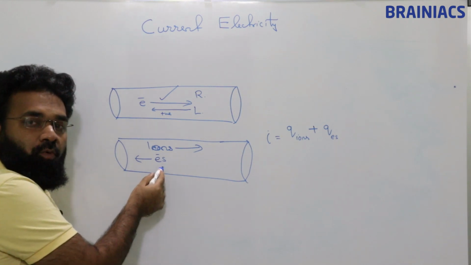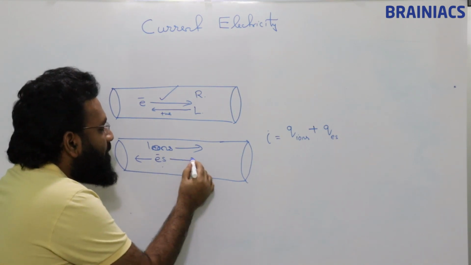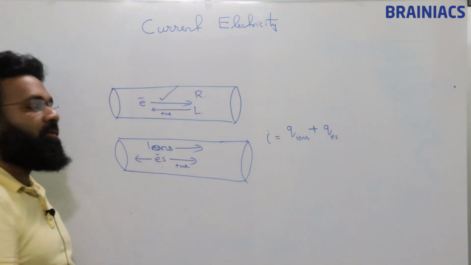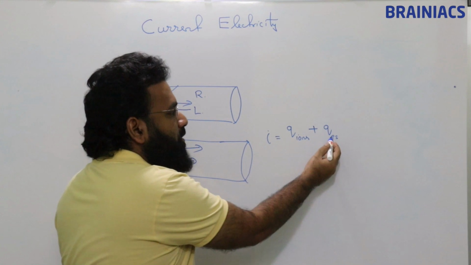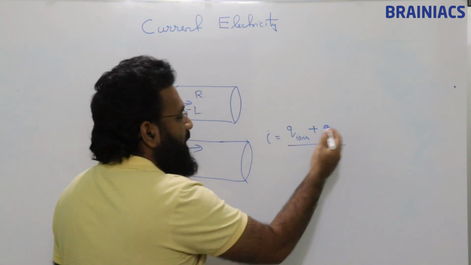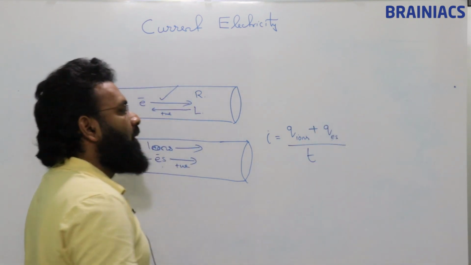This electron that is moving in the leftward direction will make positive charge move in the rightward direction, which is of same magnitude of charge but positive, rightward direction. So this by T.